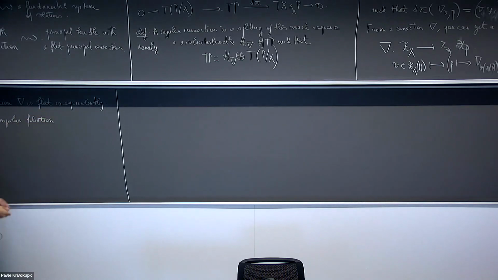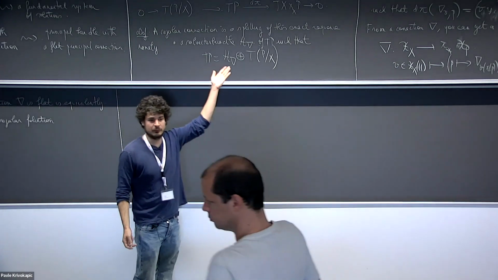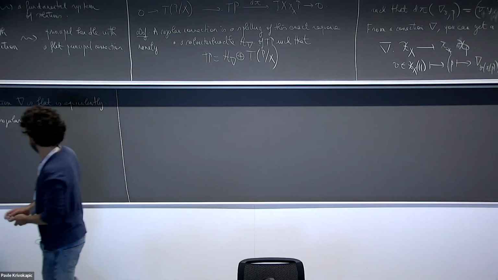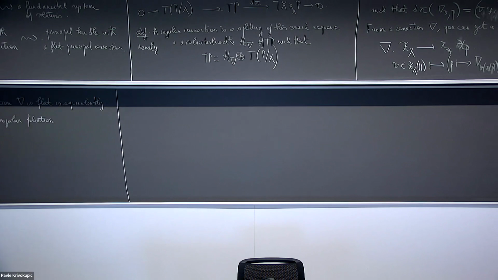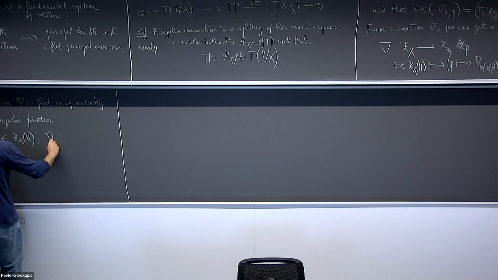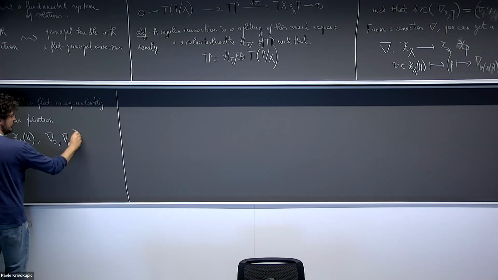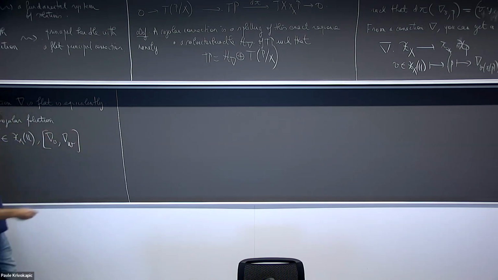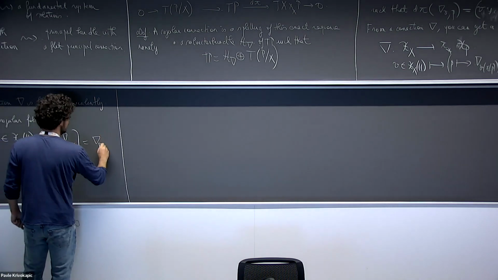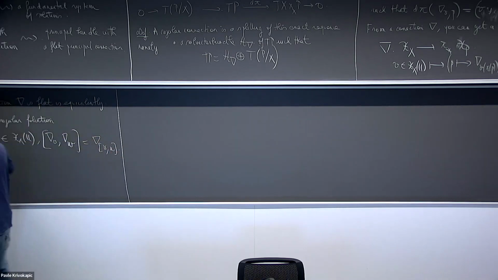What I mean is that the distribution given by H_δ is stable under the Lie bracket. You can view it on the lifting operator: if you take any two vector fields v and w and compute the bracket of the vectors, this is δ of the bracket of the vectors.